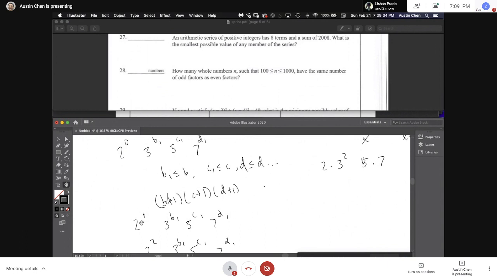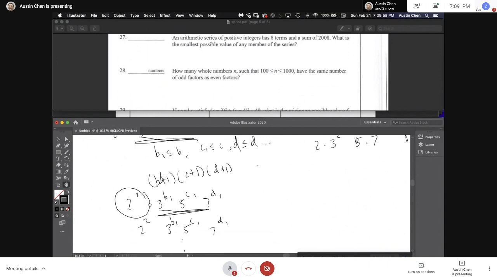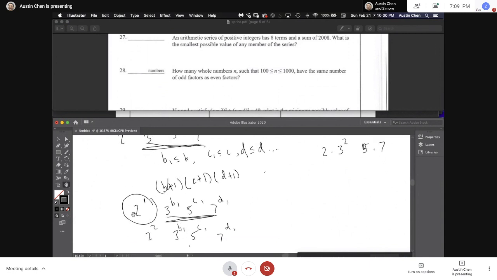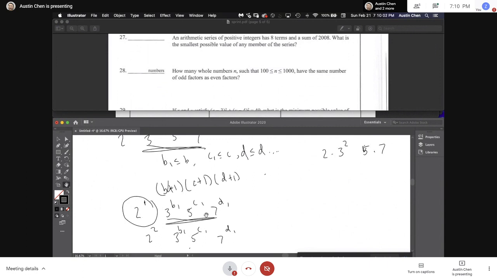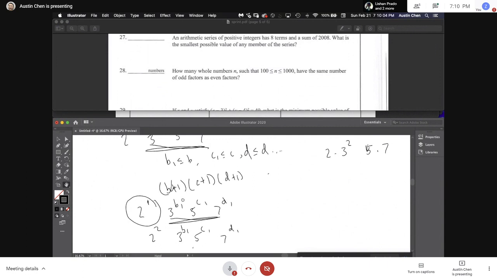Switching from 2 to the 0 to 2 to the 1, it's not going to change anything about anything else, and we could still have everything else as whatever, right? So this part and this part are still going to have the same number of combinations. Like if we can only put 2 to the first, then we're going to have the same number of even factors as odd factors, right?